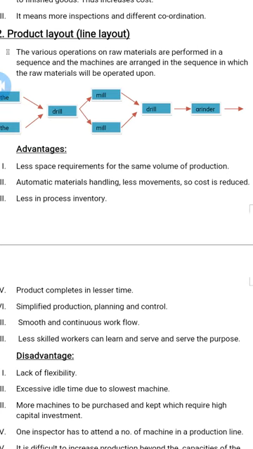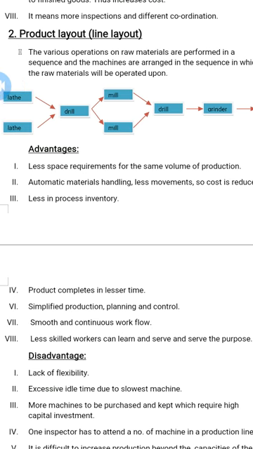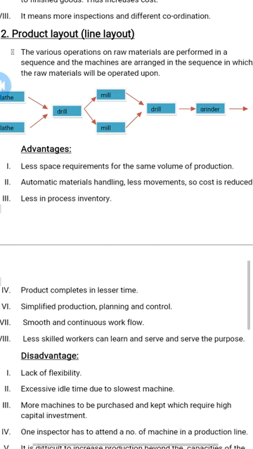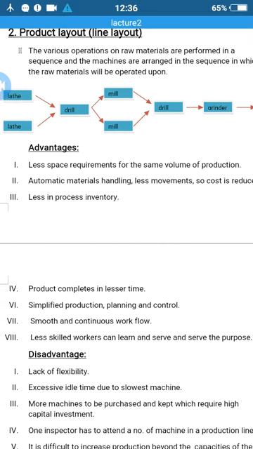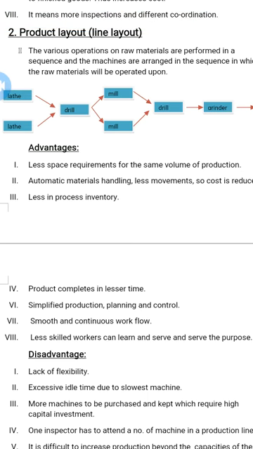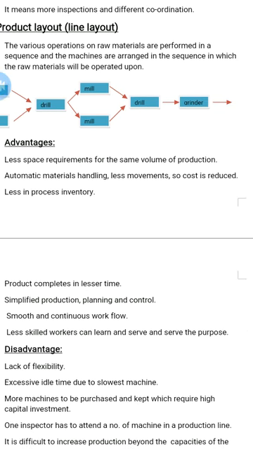The various operations on raw material are performed in a sequence, and the machines are arranged in the sequence in which the raw material will be operated upon. So there are 2 lathe machines, 1 drill machine, again a milling machine, again a drilling machine, then a grinder, like this.